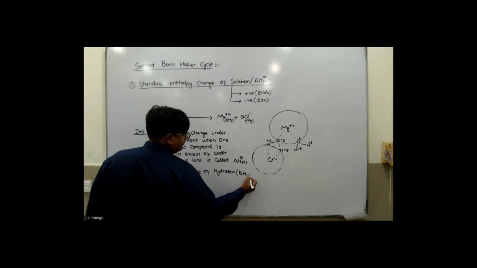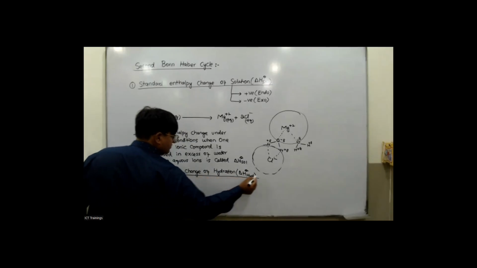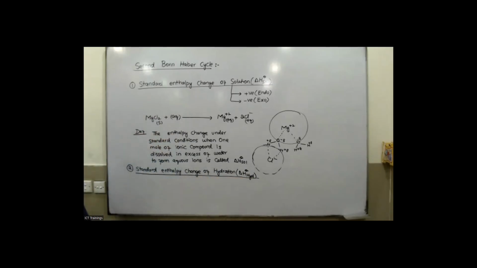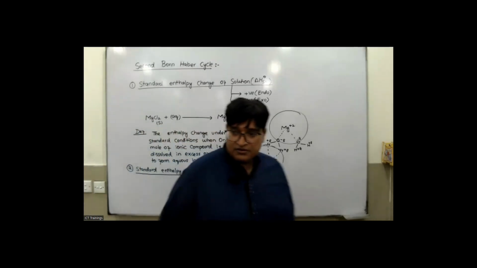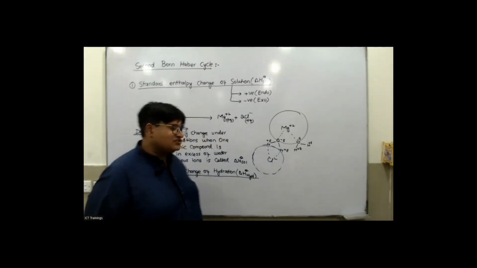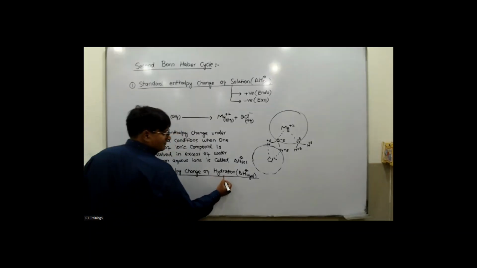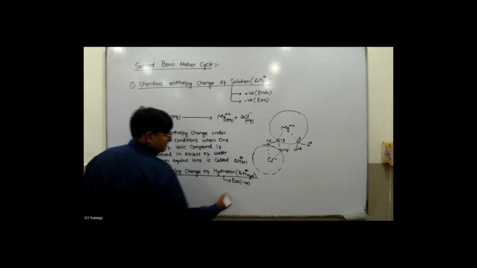So delta H of hydration. So standard enthalpy change of hydration. What is the hydration? Hydration is always exothermic. It has a negative value. What is the reason behind it?